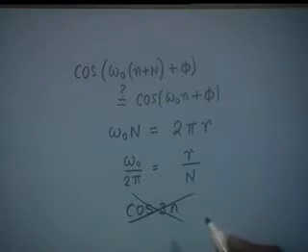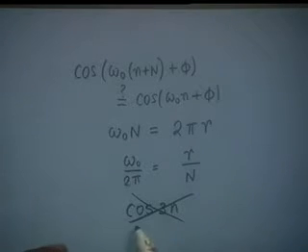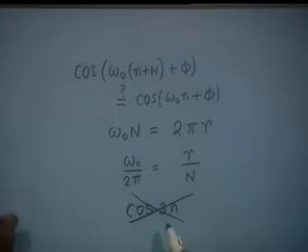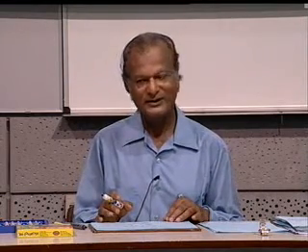Pi is not 22 by 7, it has an infinite number of digits. Okay? So, cosine of 3n is not a periodic signal. In other words, while all analog sinusoidal signals are periodic, a digital sinusoidal signal may or may not be periodic. Is that point clear?